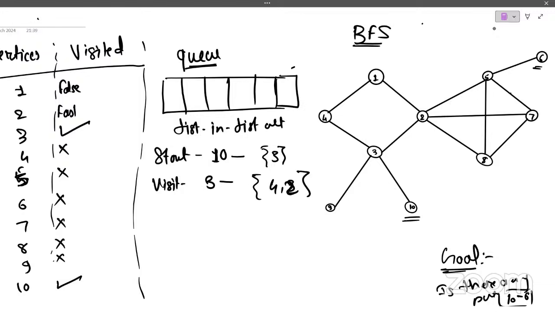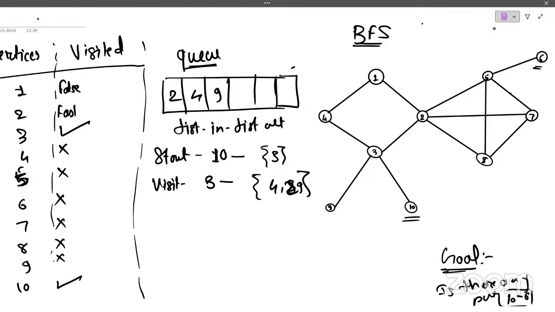Also 9, sorry, yes, 9 also. I'll list these into my queue. You can list them in any order, but I'm using decreasing order. Then I mark it true.